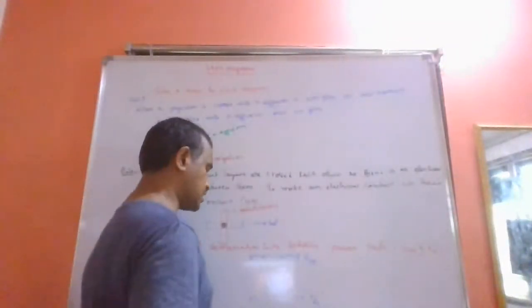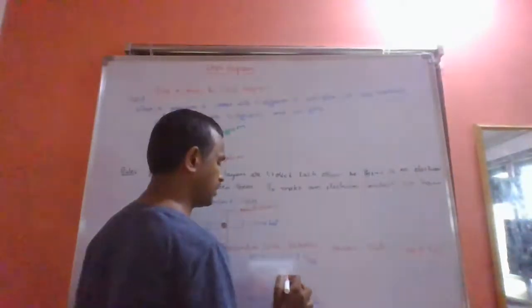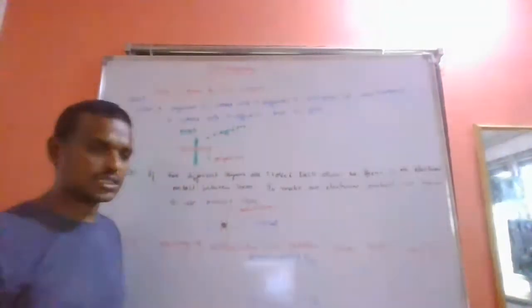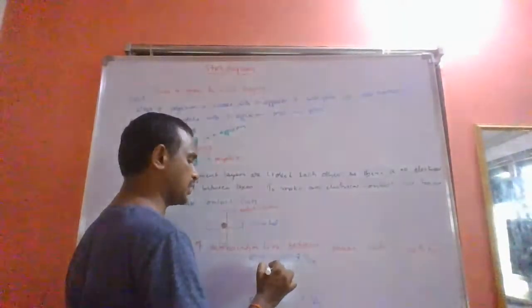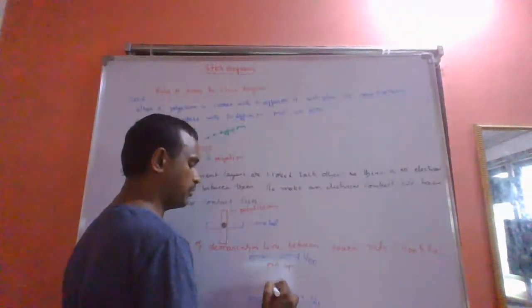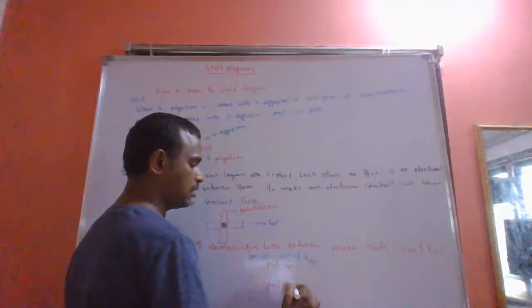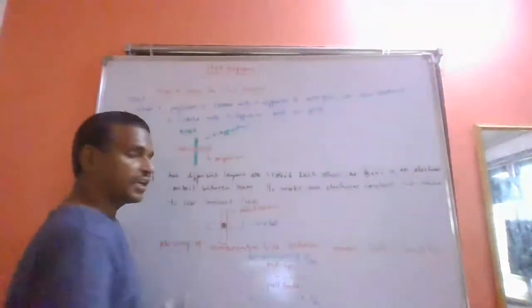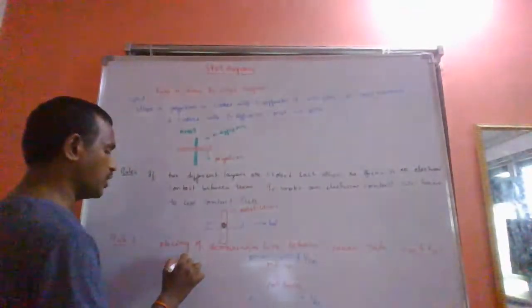Above that we'll place pull up transistors, and below we'll place pull down transistors. So like this we have to draw the demarcation line in CMOS circuits.